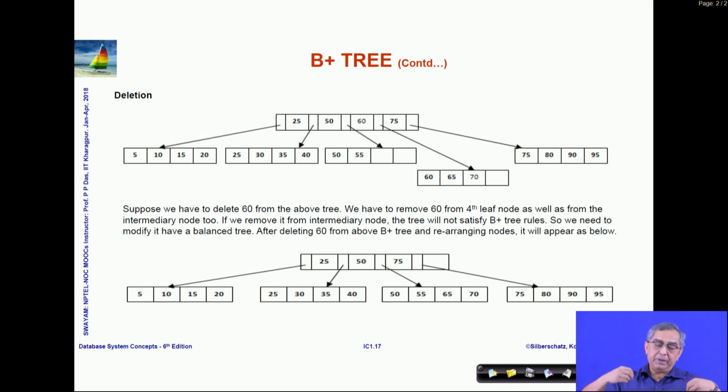Delete again starts with the search process, and it must find the key to be deleted. So, you delete, and after deletion you check whether the node is less than half full. If it is, then you try whether it can be merged with the adjacent node. If both are less than half full, then you can merge them together into a new leaf node, and in place of 2 leaf nodes, now you have only 1.